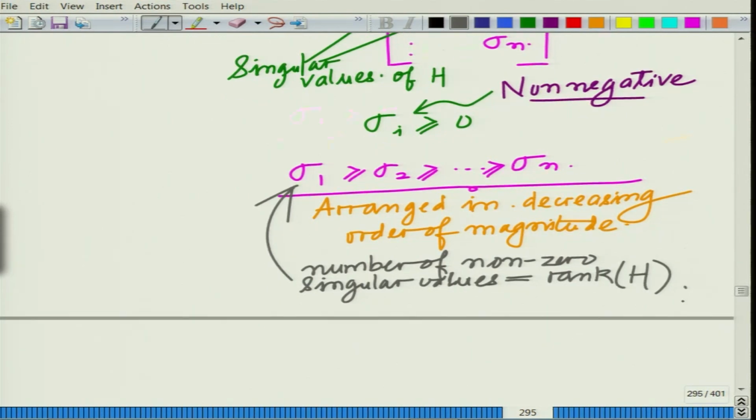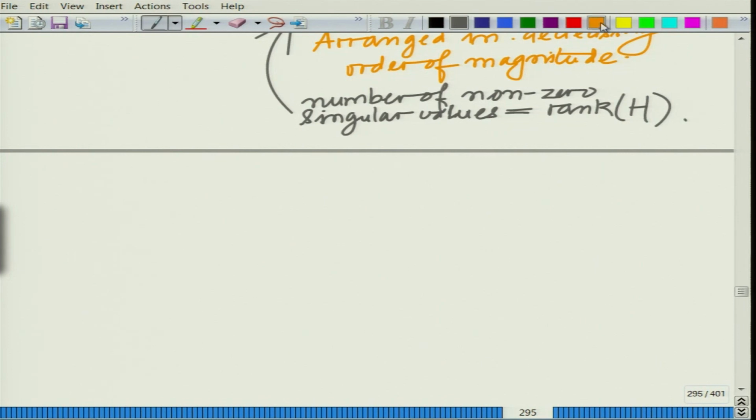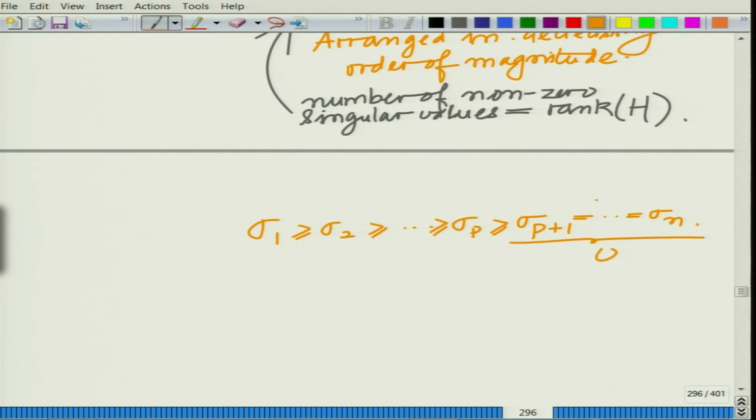Equals the rank of the matrix H. That is, if you have the singular values sigma 1 greater than or equal to sigma 2 greater than or equal to so on sigma p, and sigma p plus 1 onwards are 0, and these others are essentially non-zero.